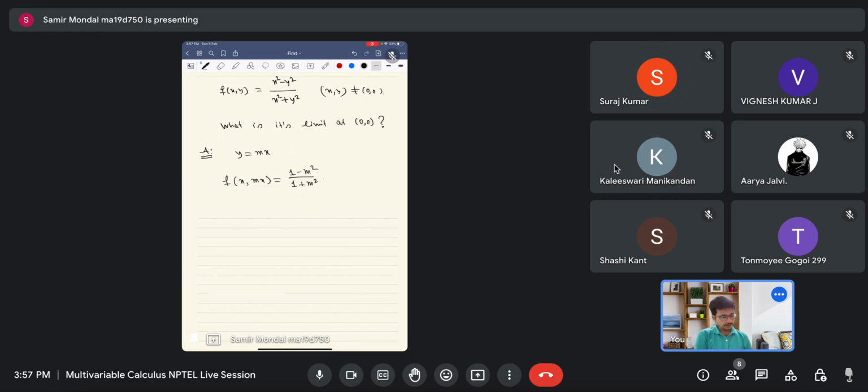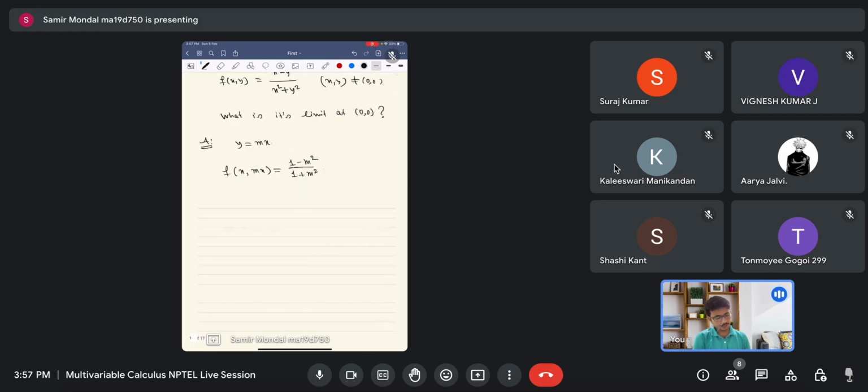So if you vary the real number m, then this limit will also vary. Suppose we take m equal to 1, then what will we get? We will get 0. If you take m equal to 2, then what will we get? Minus 3 by 5.